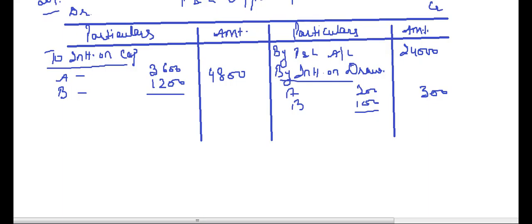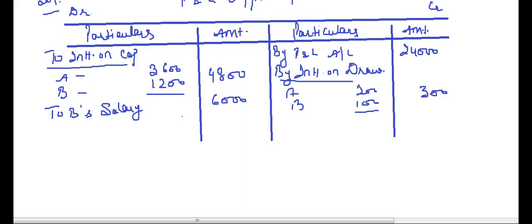Total of 300. Now remuneration to partner. Remuneration to partner B, salary. To B's salary it is 6,000 per annum.